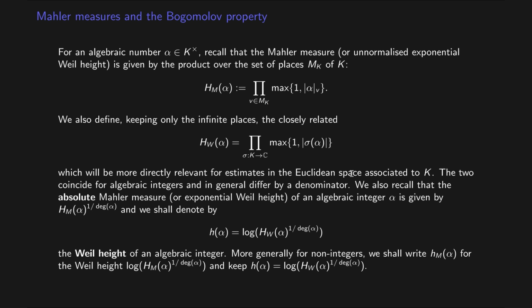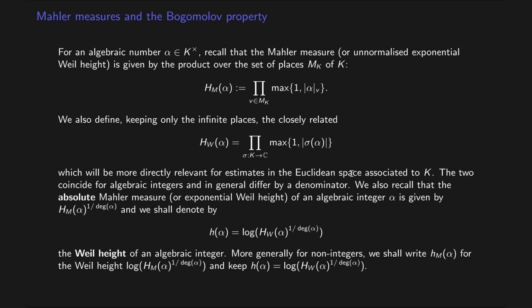And so it turns out that if we fix a number field, it will be important for us to know whether this number field contains elements of small Mahler measure. Elements of small Mahler measure will be the enemies of Poisson distribution.